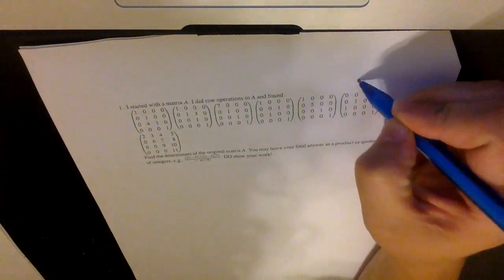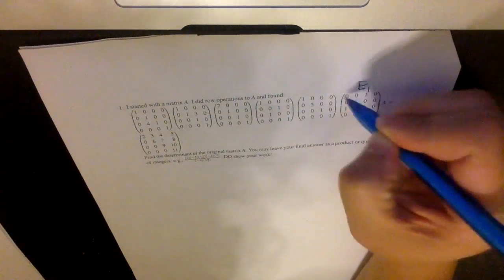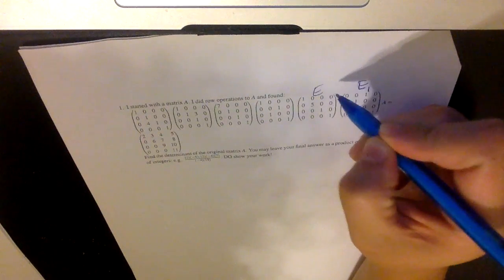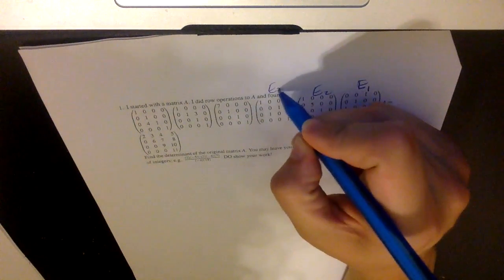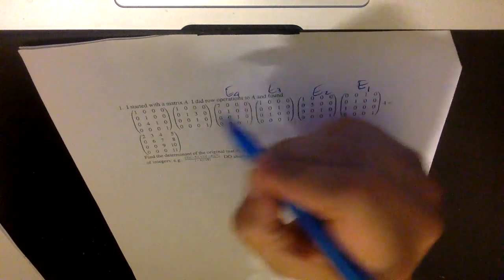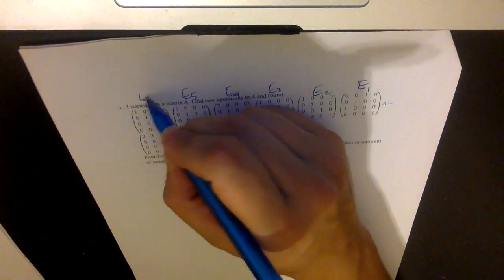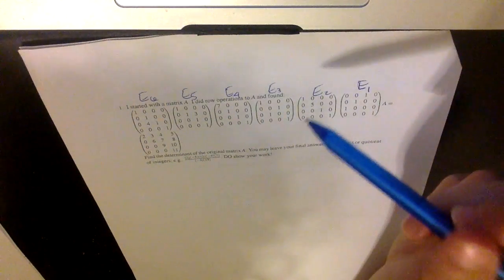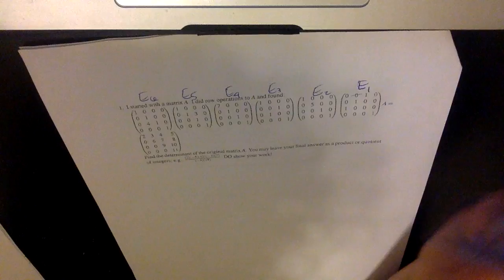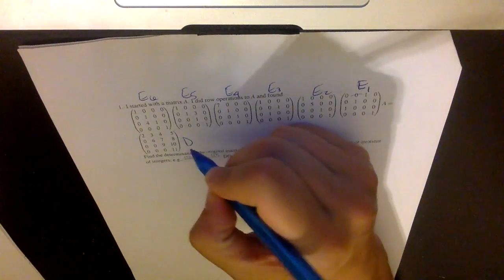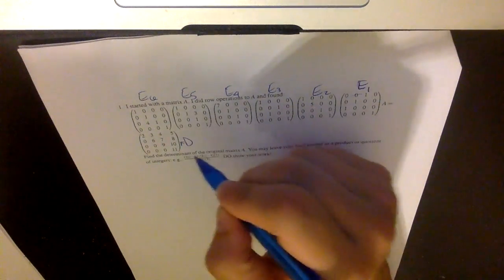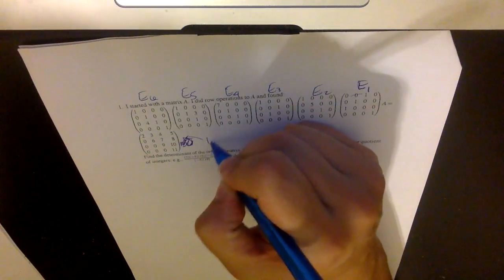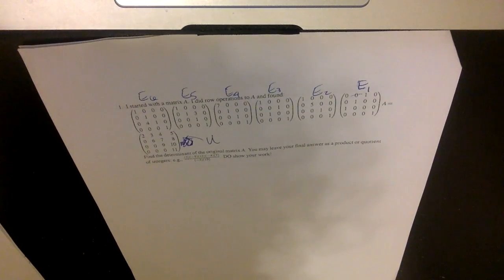Okay, so the idea here is, if I name these matrices, I'm going to name them E1. This is the first elementary row operation that we applied to A, and then E2, E3, E4, E5, E6. So E6 times E5 times E4 times E3 times E2 times E1 times A is equal to, I'm going to call it U, an upper triangular matrix.